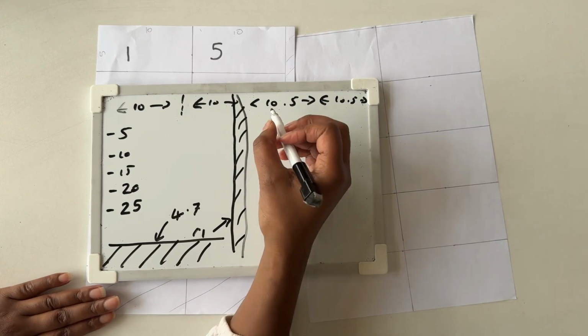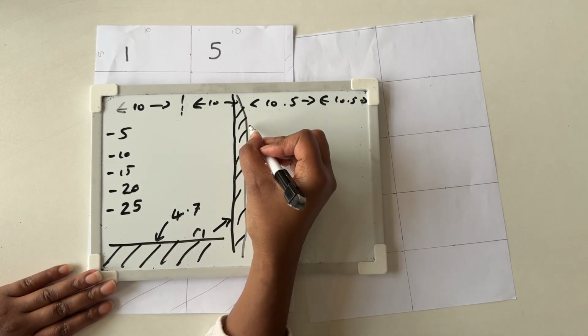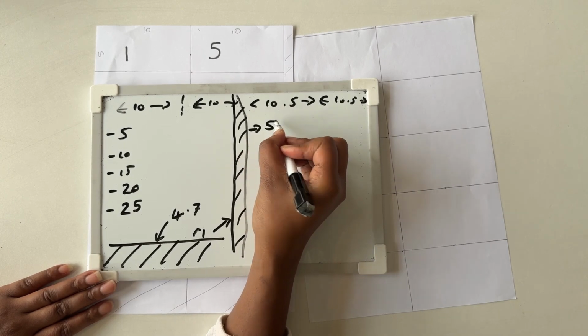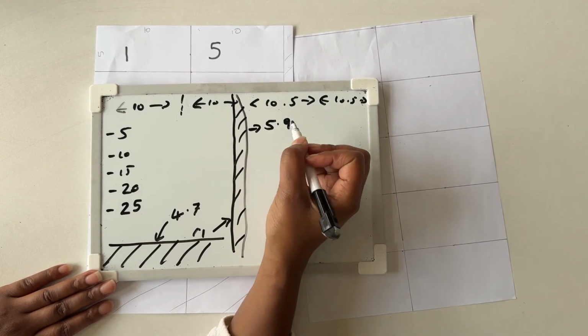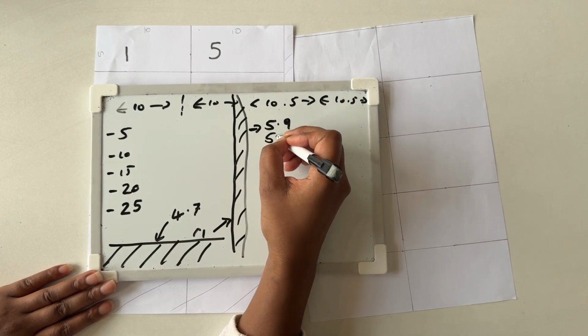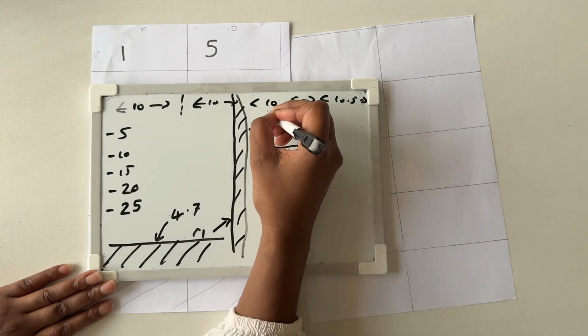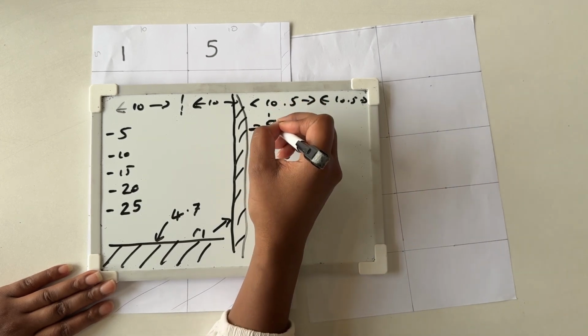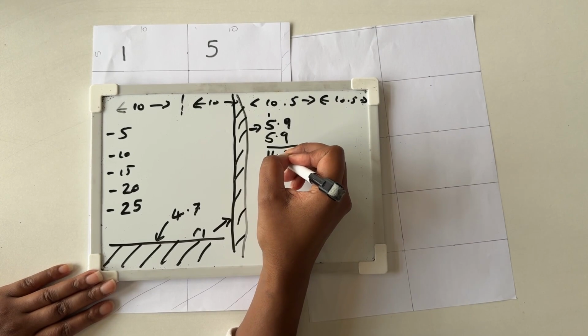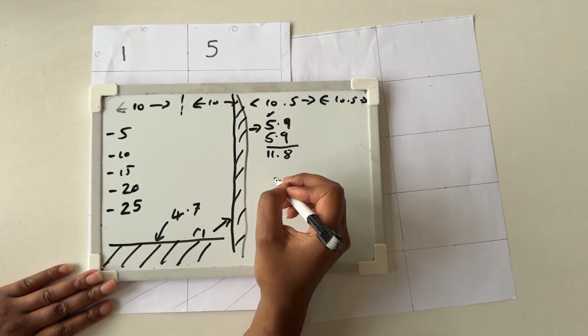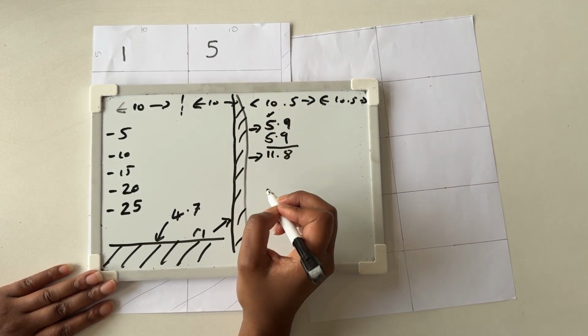Equally, you could also choose to go down to the 5.9. So we're going to go 5.9, and then you're going to add 5.9, and 9 plus 9 is 18, carry the 1. 5 plus 5 plus the 1 is 11. So your next point is going to be 11.8.